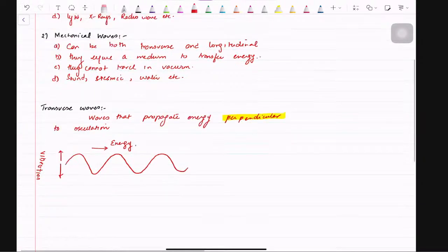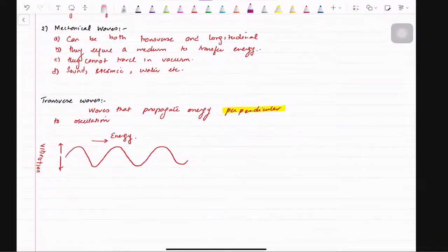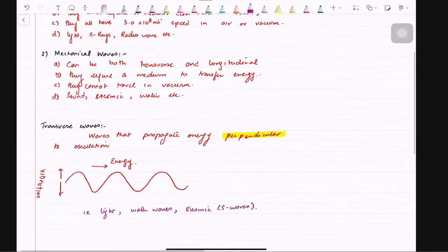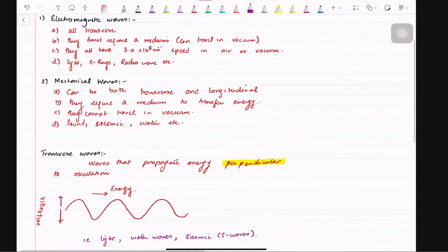Some of the examples of these are light, water waves, and in earthquake they could be seismic S waves, so S component of this is transverse. All right. These are just examples. They might ask you. All right. If you have not written something, please do let me know. I can stop and you can write it down.